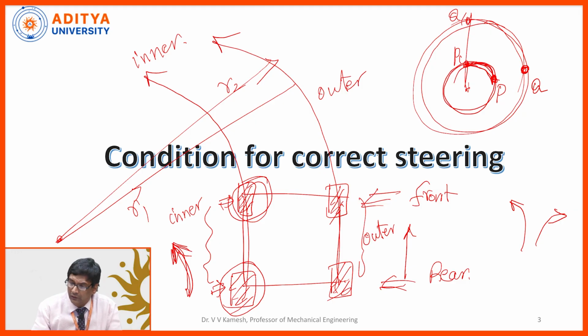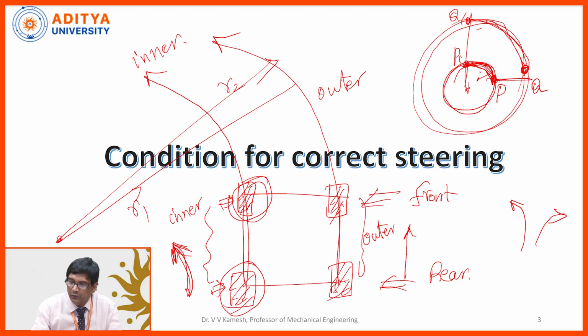Now, look at these 2 circles very carefully. The distance from P to P1 and the distance from Q to Q1, are they equal? No. P1 is the lesser one and Q1 is the higher one.